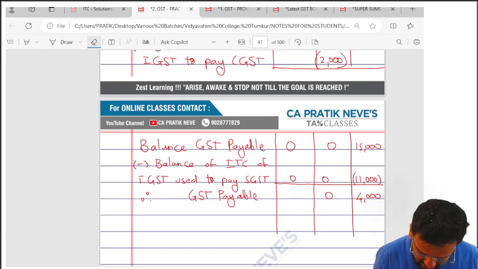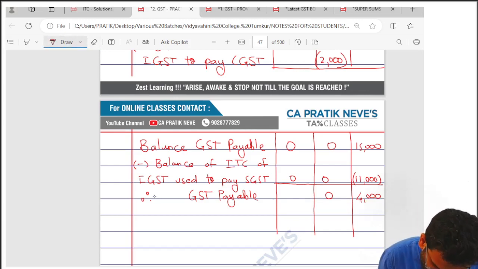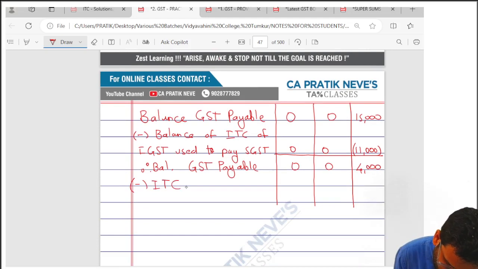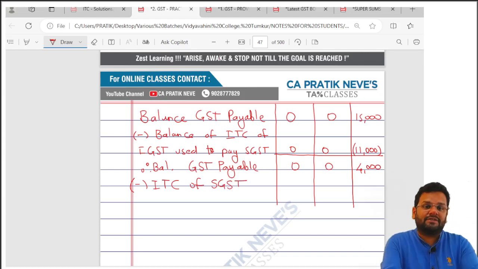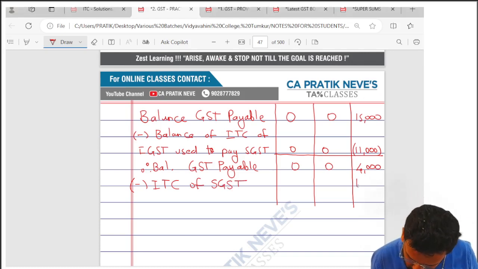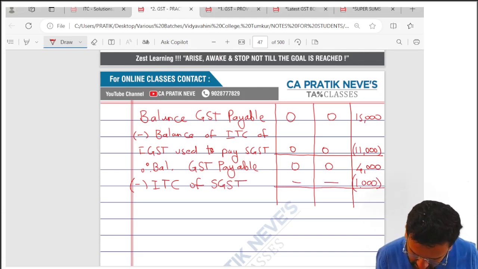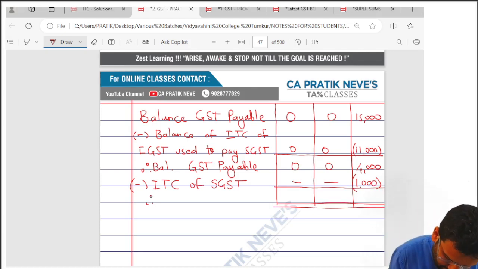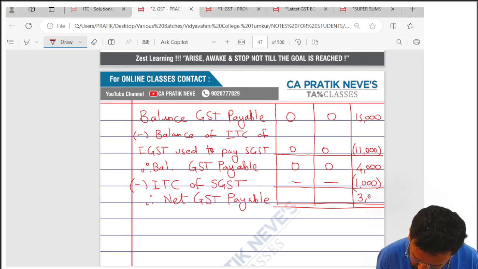This will not become the final answer then. This will remain balance GST payable, and less ITC of SGST. What is ITC of SGST? 1000. No problem. Use that. Good. That means you are attentive. It is proved that you are attentive. Therefore, now can I get net GST payable? 3000.